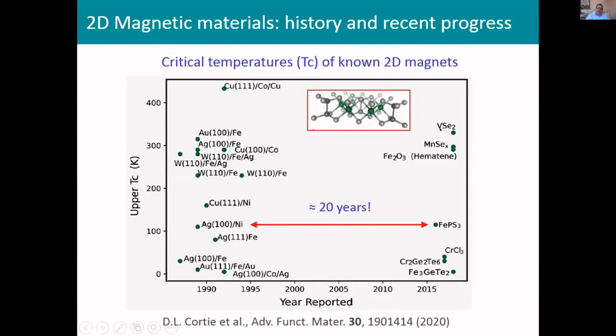In this case, vanadium selenide, VSe2, and we have intrinsic magnetic properties. A common aspect of these materials is that all of them contain transition metals, or d electrons at the Fermi level.